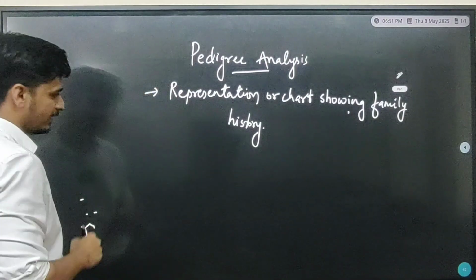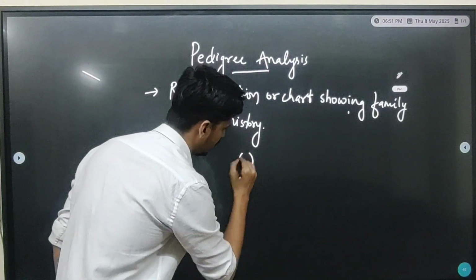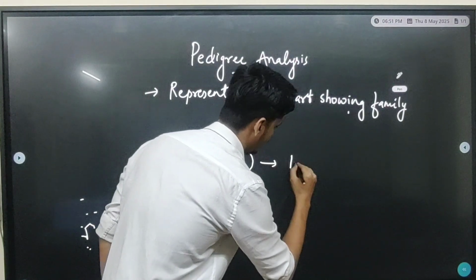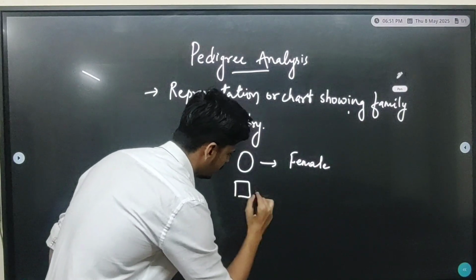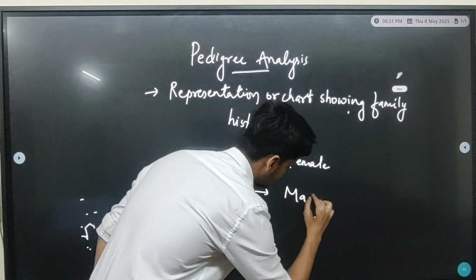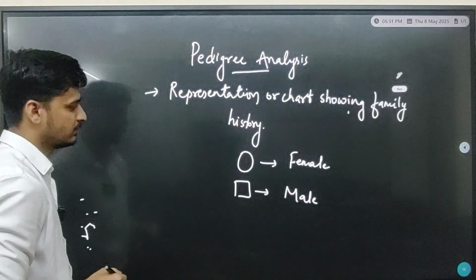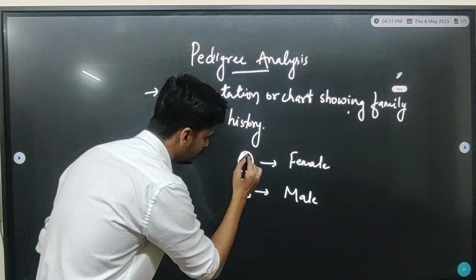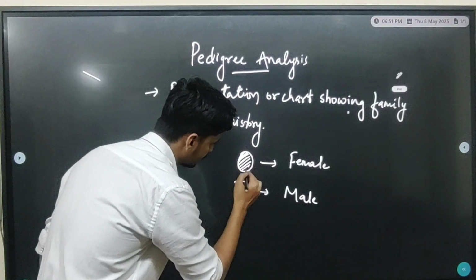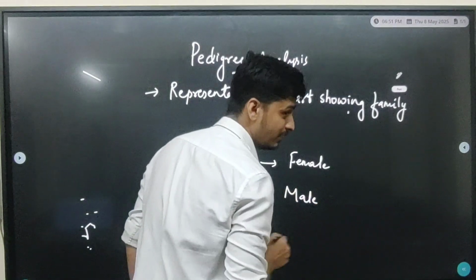So in pedigree analysis, a circle represents female and a square represents male. Circle female, square male, and if this circle is colored, that female is affected.